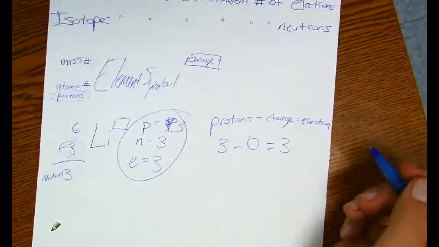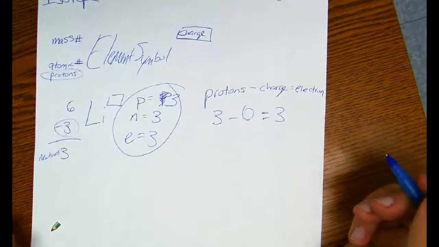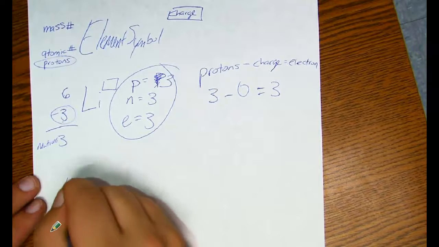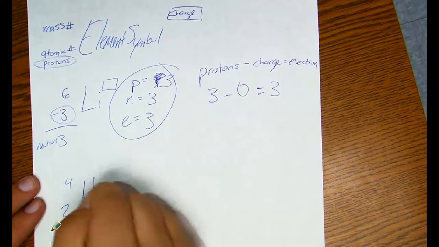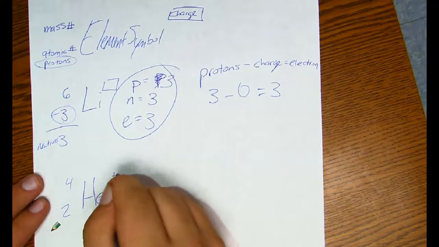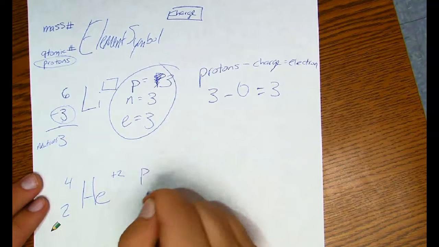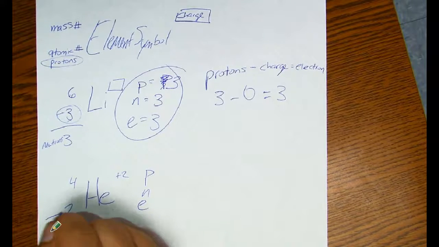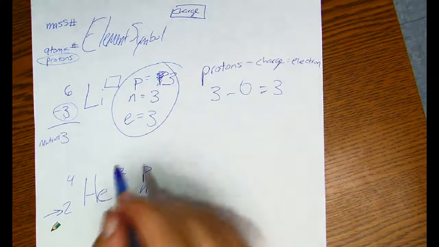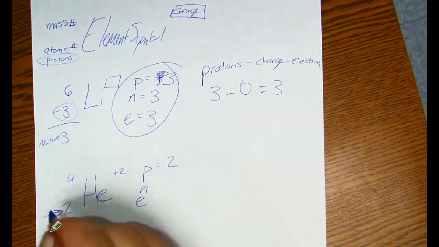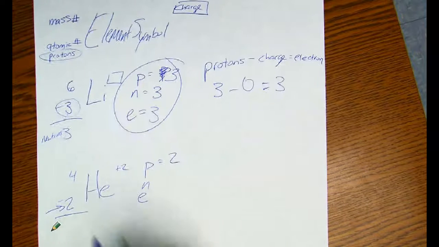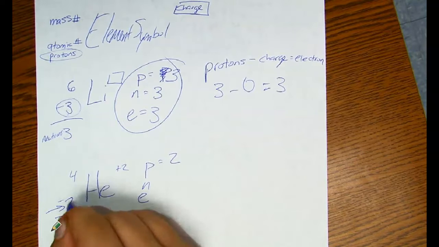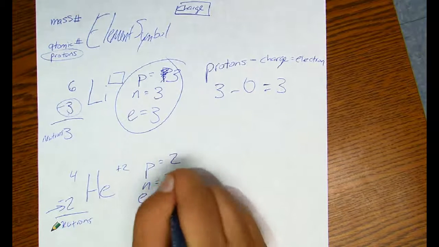I'm going to go over another example here. What if we have helium, 4 on top and 2 on the bottom, with a plus 2 charge? How many protons, neutrons, electrons? Well, right there shows me my protons. Protons are 2. If I subtract those two numbers, that gives me my neutrons: 4 minus 2, 2.